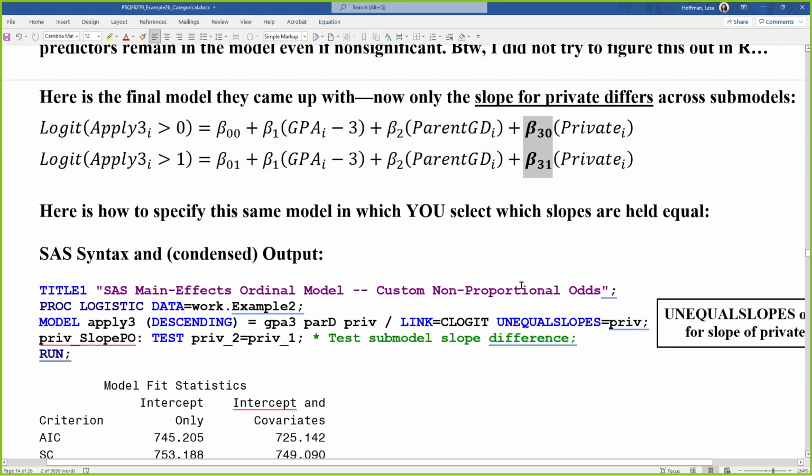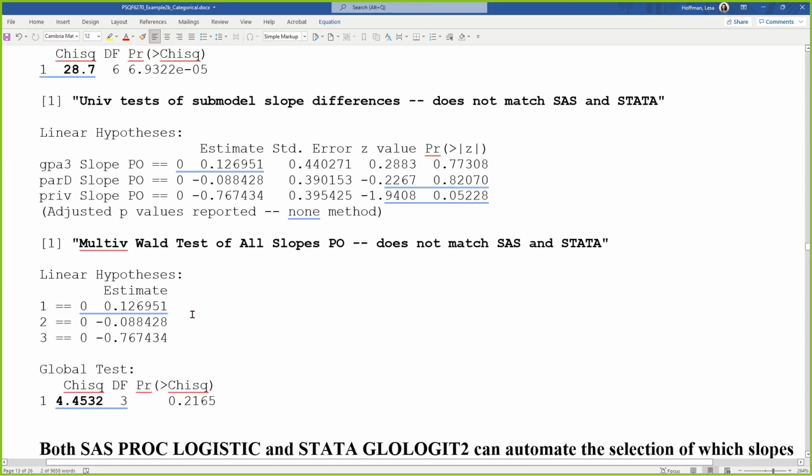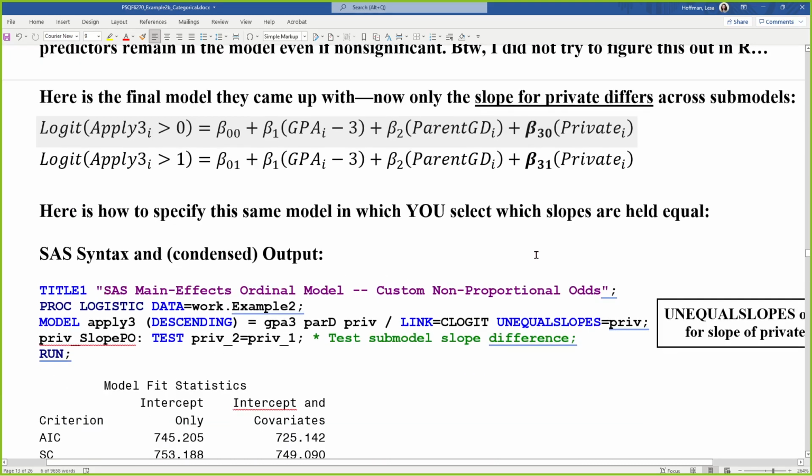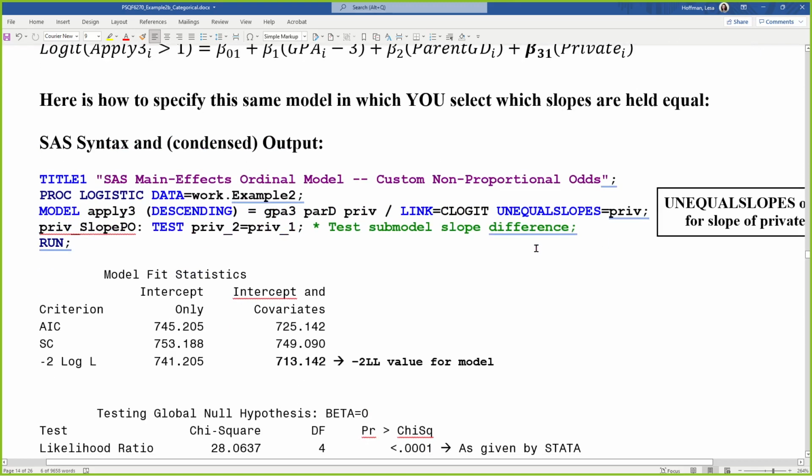So it turns out that once you get rid of these other two differences, the last one is significant at p less than 0.05. So this is the model that we end up with. It is possible then to set up a model in which only some of the slopes differ across submodels. I learned how to do that too. In SAS, there's an option after unequal slopes.